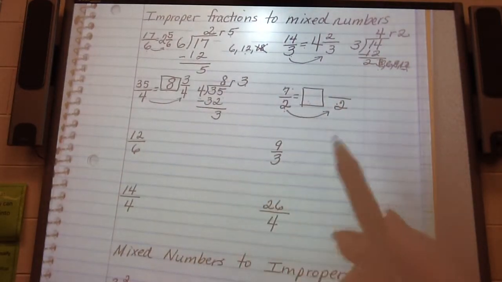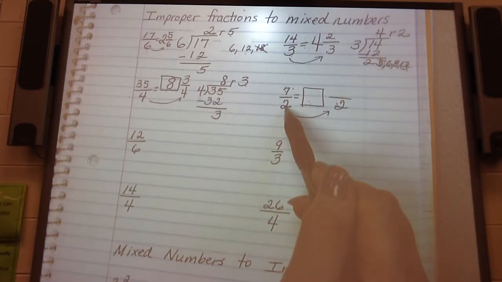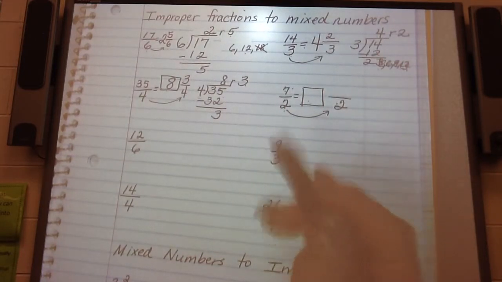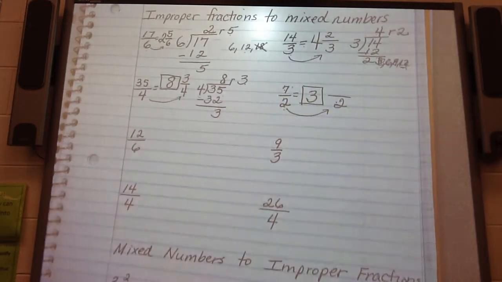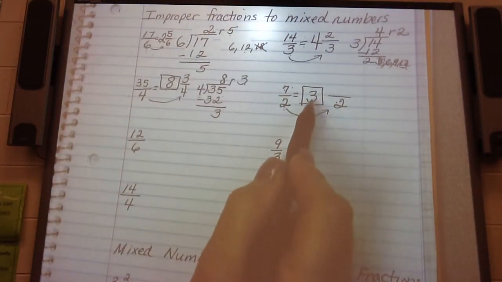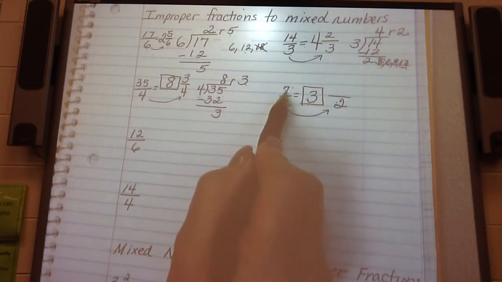I'm going to count in my head. I'm going to count out loud for you today, but I'm going to count by 2's. 2, 4, 6. That's as close as I'm going to get without going over. 3 2's because it's 2, 4, 6. So I'm going to put a 3 in the box. And now I know by putting a 3 there that I used up 3 times 2, which is 6 of the 7.